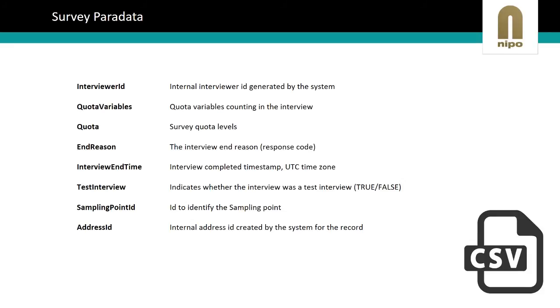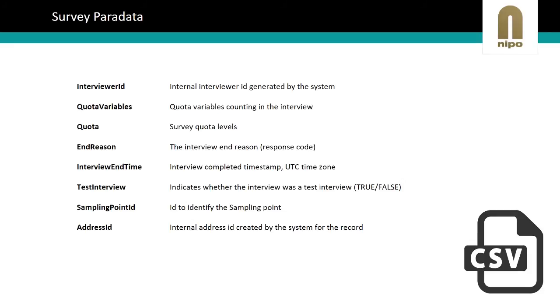Sampling point ID. This is the ID that was assigned to the sampling point when it was created. If you use the upload tool, you upload the sample points from the Excel file that you use to input all the values, and there's a field there that is the sampling point ID.